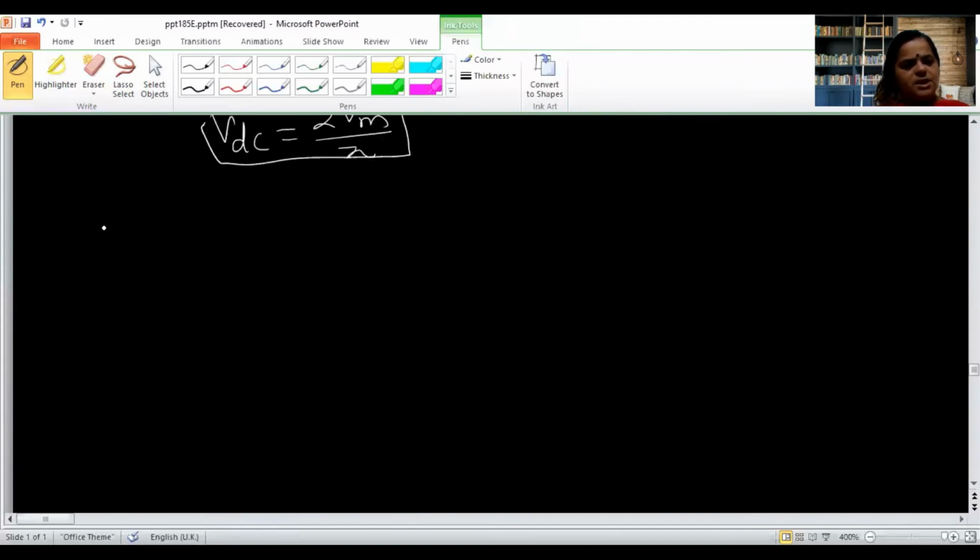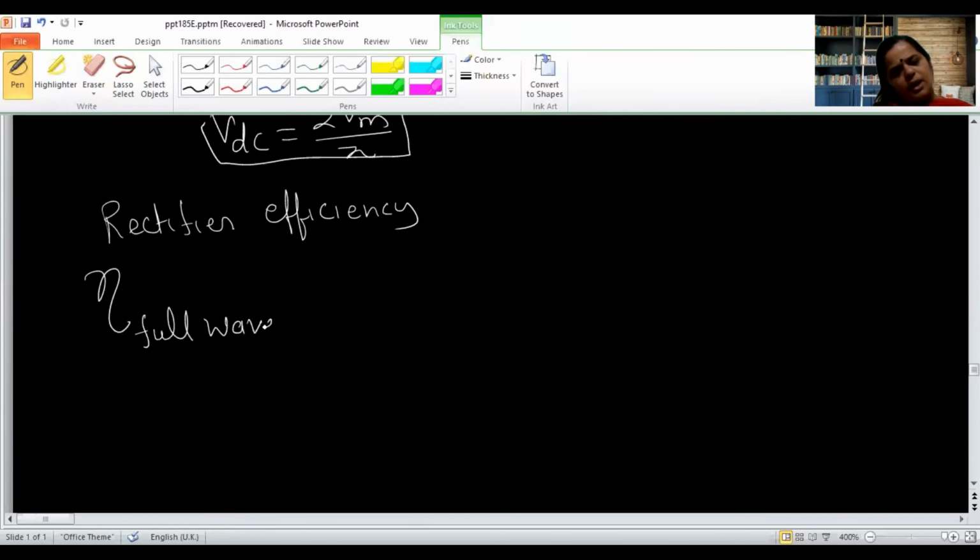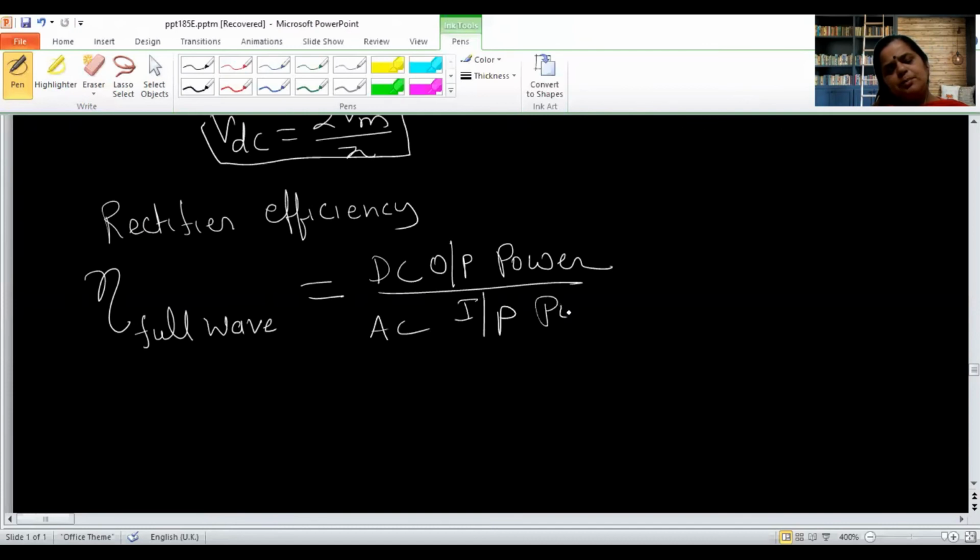Now the fourth parameter is rectifier efficiency, eta full wave. It is equal to DC output power divided by AC input power.